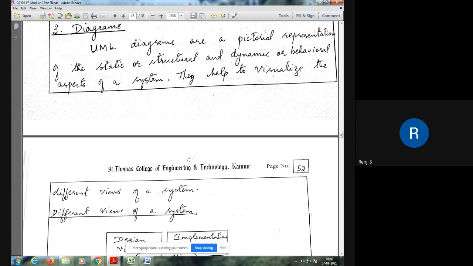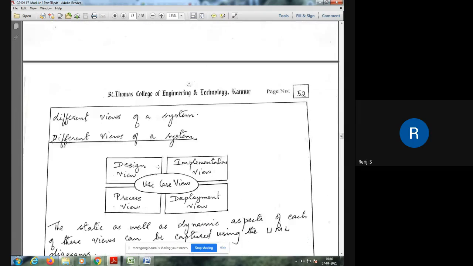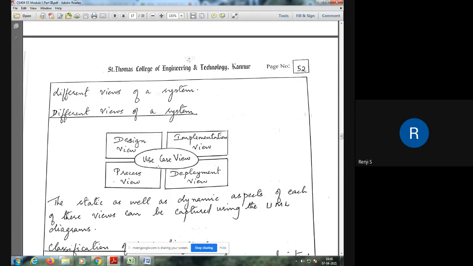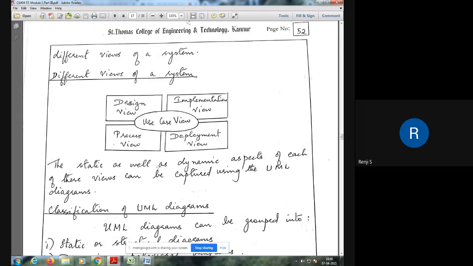We can define a system from different views, and the different views of a software system can be classified into five types of views, and that's shown here. That is, one is the design view, next is the implementation view, then deployment view, and the process view. And above all this, you have the use case view.